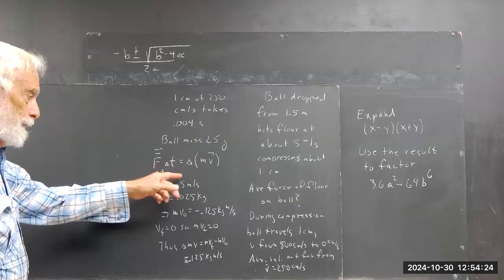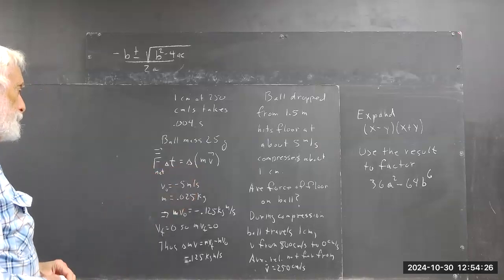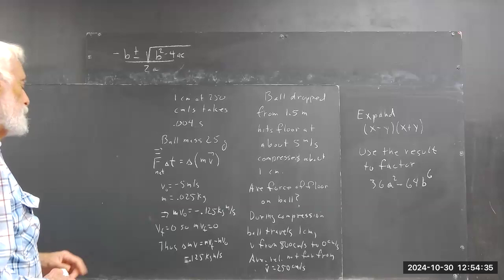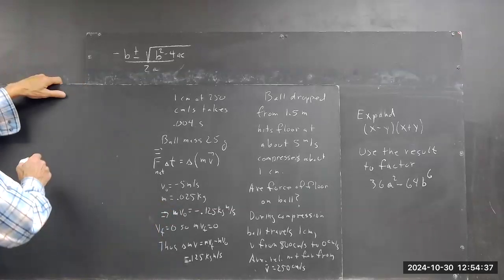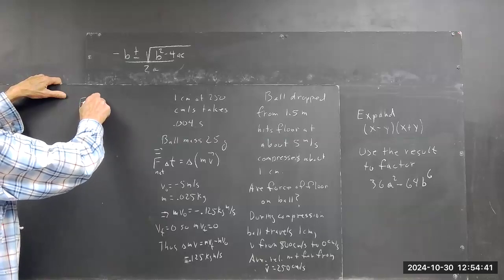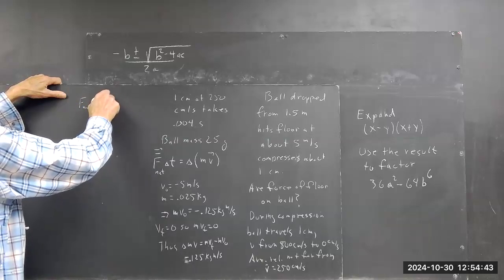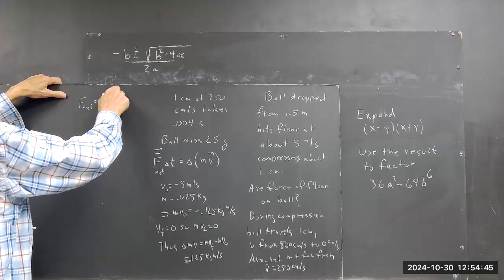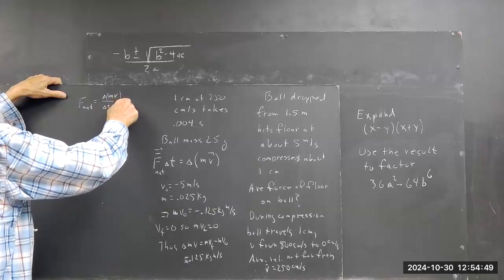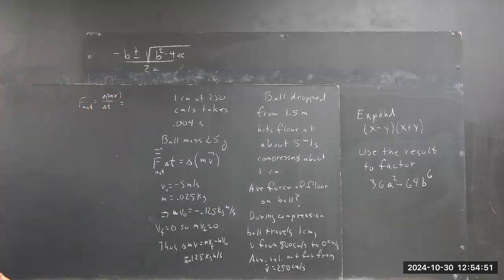Now I've got F net delta T equals delta MV. And we'll stick with it. Okay, so what's F net? Delta MV over delta T.